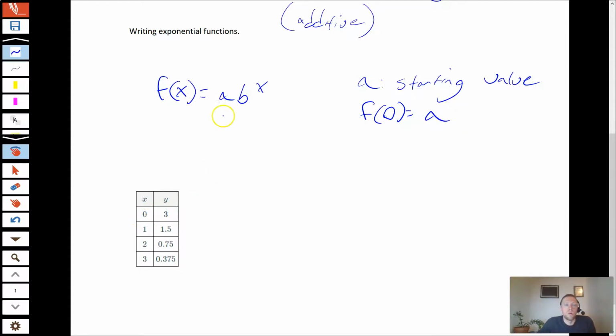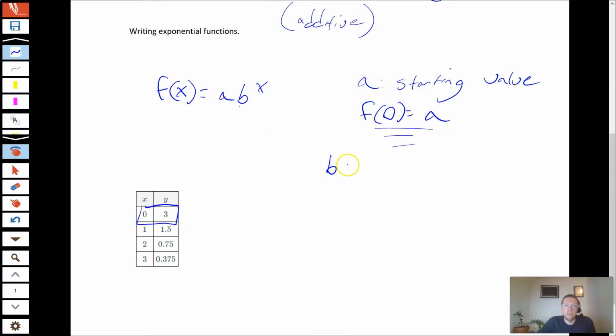And that makes sense based on what we know about exponents. If it's a times b to the x and I plug in 0 for x, b to the 0 is 1, because anything to the 0 is 1. So a times 1 is a, right? And we can get that number from the table. So here, f of 0 is a.